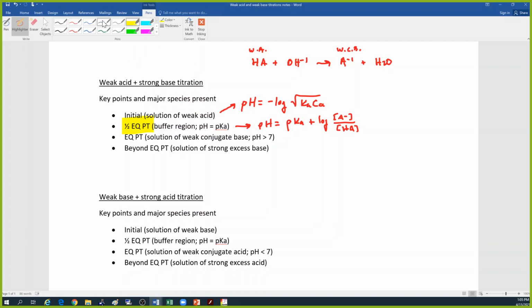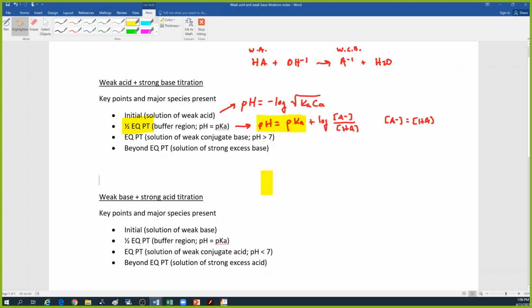Because what's true is that the amount of the weak base and the amount of the weak acid are equivalent, which is why this logarithm term goes to 0. And then we end up with this special result that at the half equivalence point of these types of titrations, the pH literally equals the pKa.